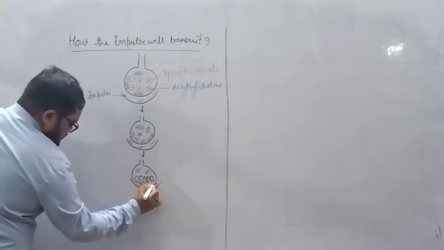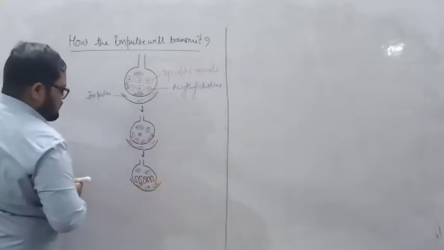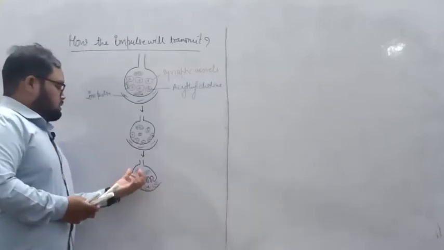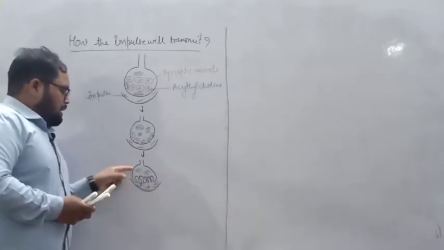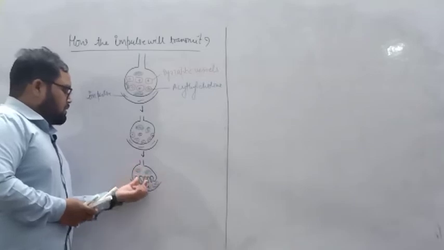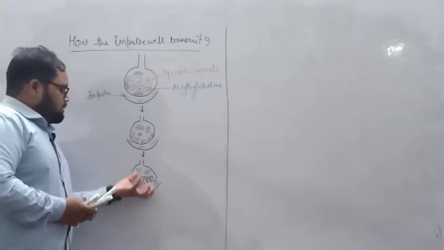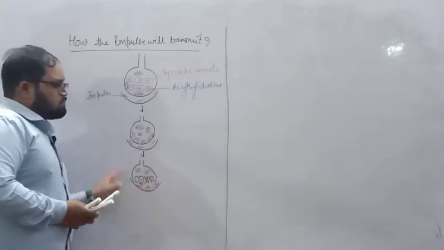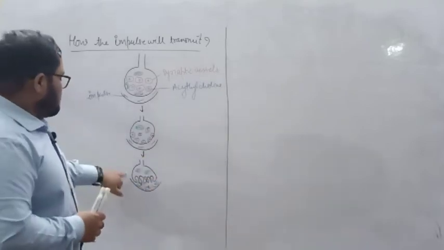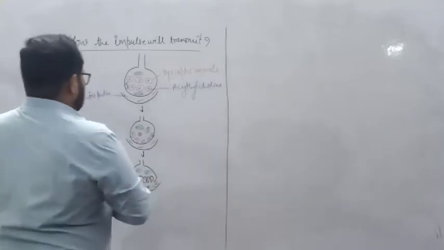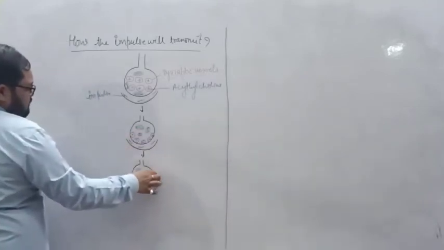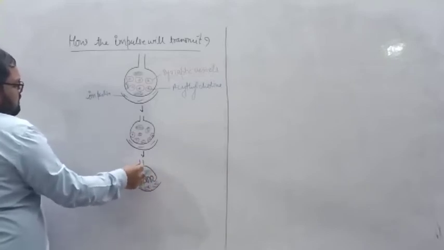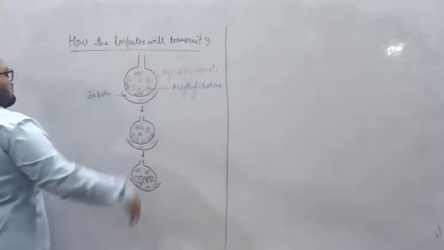That vesicle formation takes place by this mitochondria. After the formation of the vesicle, the mitochondria takes that impulse, and the ruptured membrane becomes filled again, and the impulse will come here, and later we will proceed to the next one.